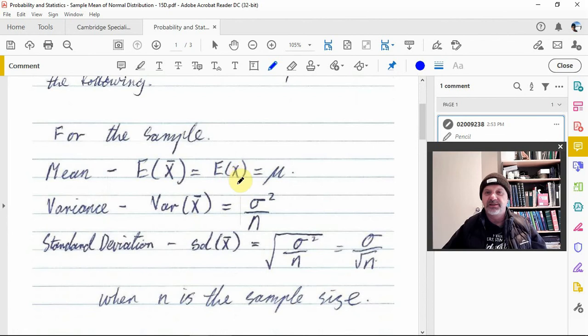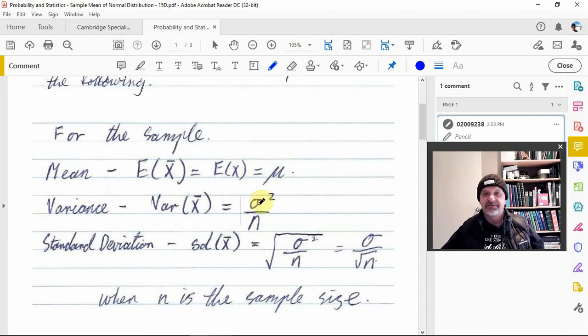is considered to be the same as the expectation value of the whole population, which is mu, and the variance of our sample is the standard deviation squared over n, and n is our sample size.